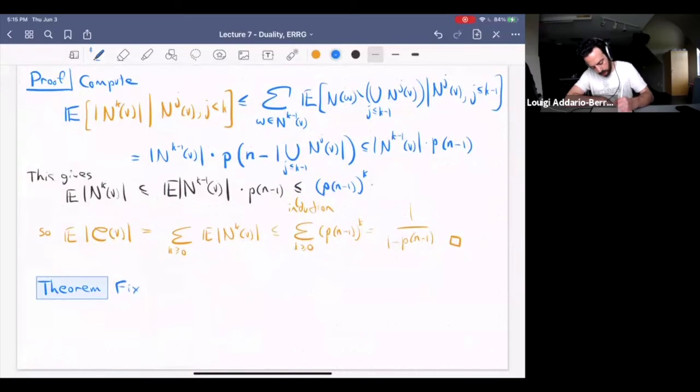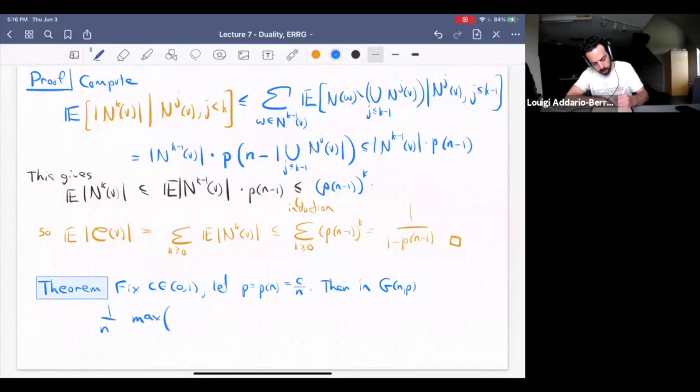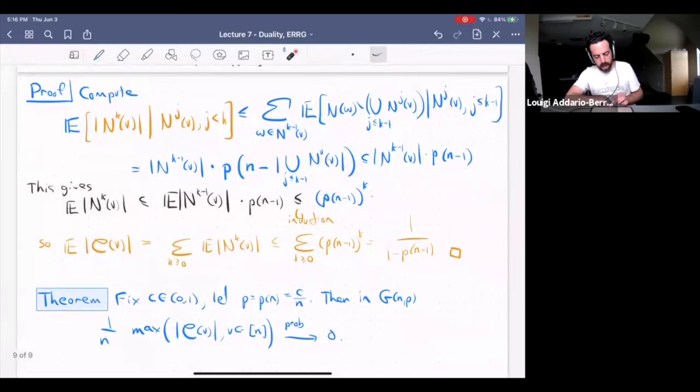Let's fix some constant c in (0,1) and look at what happens when p is c over n. Then already from this bound, I can get that in G(n,p), the size of the largest component is sublinear. That's not hard to see from this bound, so it's an easy proof, but it gives me the chance to introduce a tool that I'll use repeatedly.